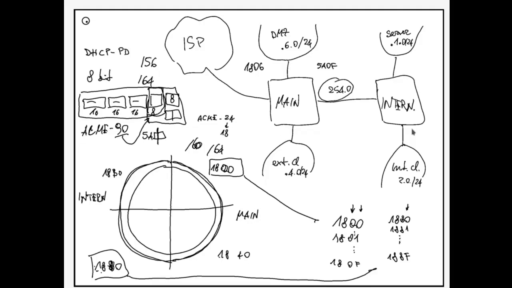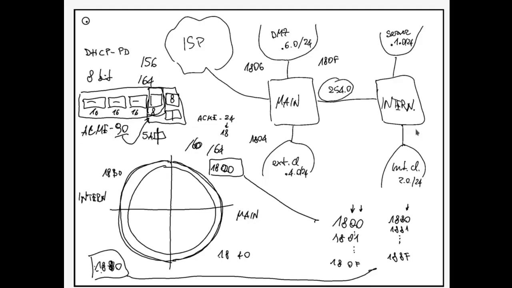The external client network will be 18.04. Then in the main, the point-to-point network, which is actually 254, will be the last network that we can use. This belongs again to the main firewall, so we will use 18F.